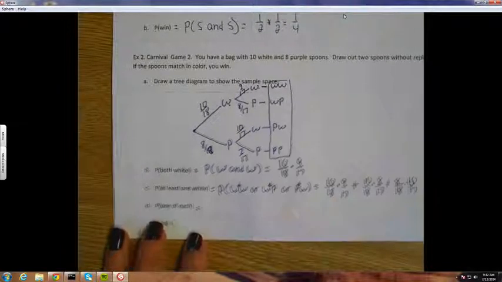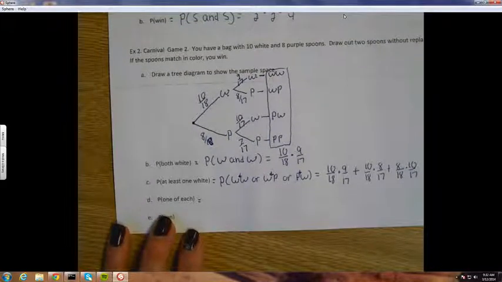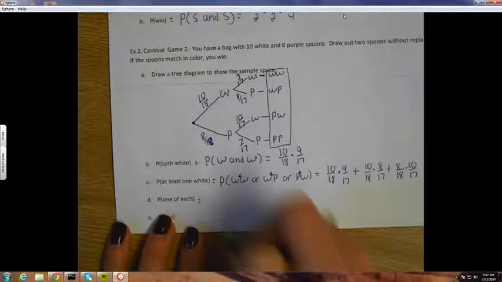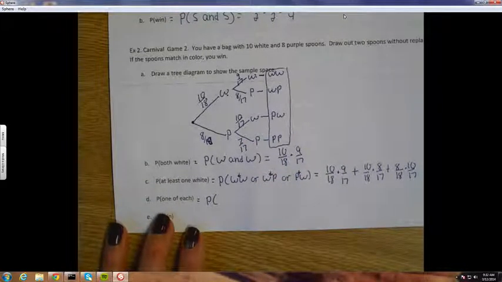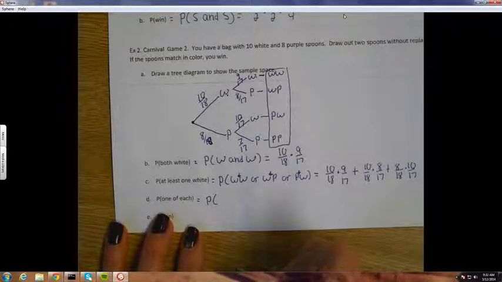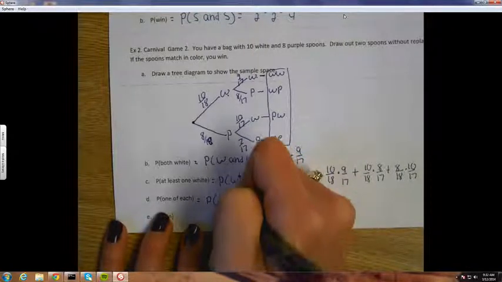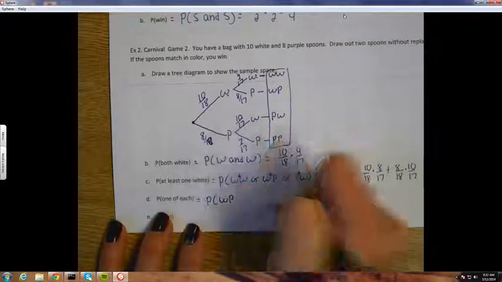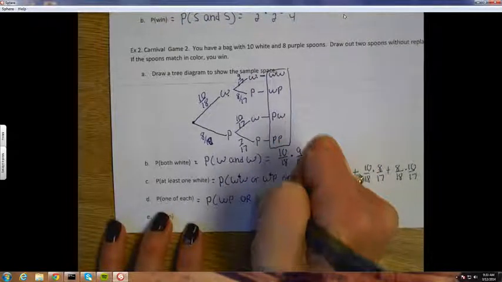What's the probability that you get one of each? You get one of each color. What is it? What did you say, Lydia? WP. And what was your connecting word? Or. That's key. PW. You agree with that?